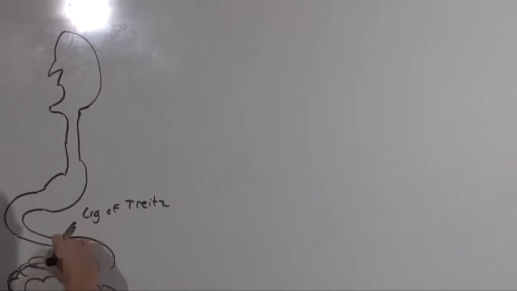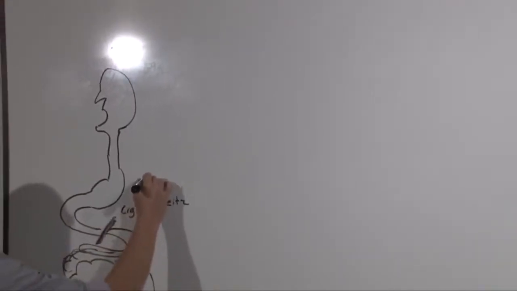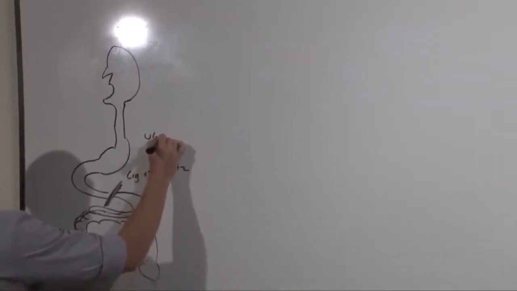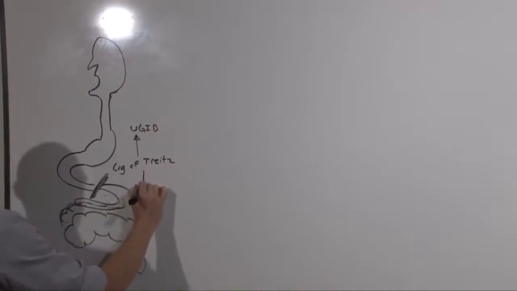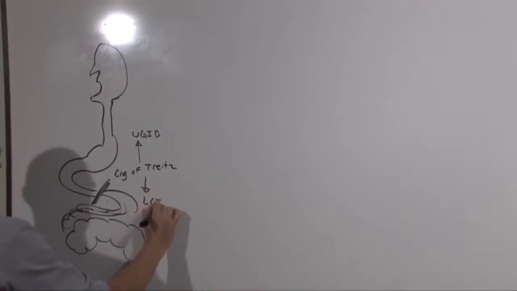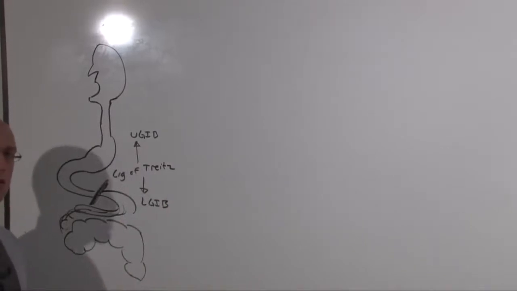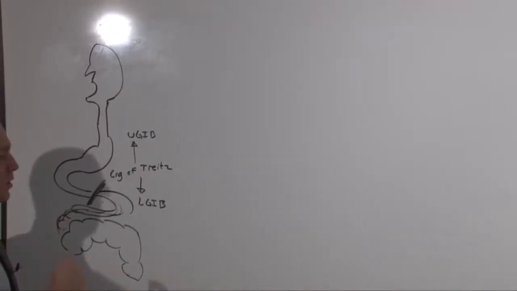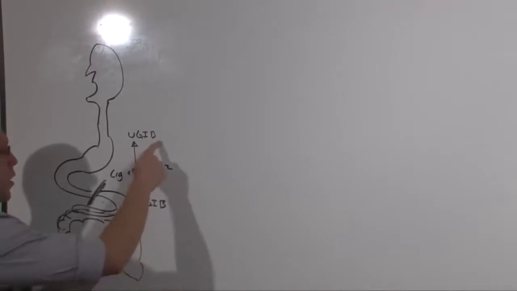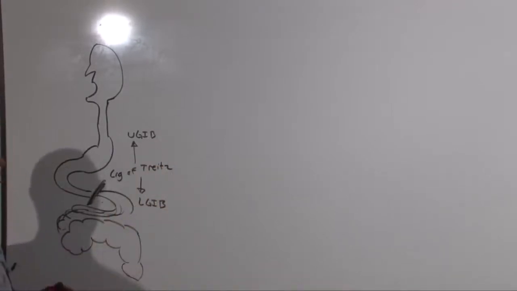It is the ligament of Treitz that determines upper GI bleed from lower GI bleed. And it is important to remember that the physical signs and symptoms generally cannot distinguish upper GI bleed from lower GI bleed.